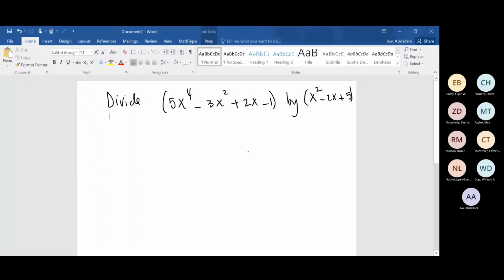Okay, so use a long division to do this one right here. I'm gonna give you a couple of minutes for everybody to try to do that.